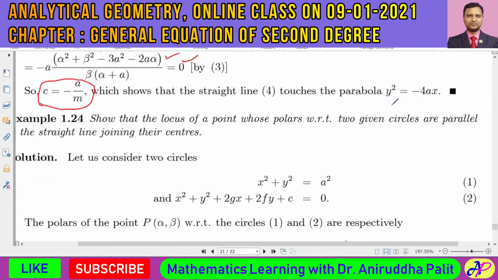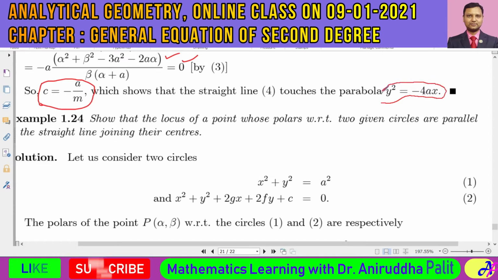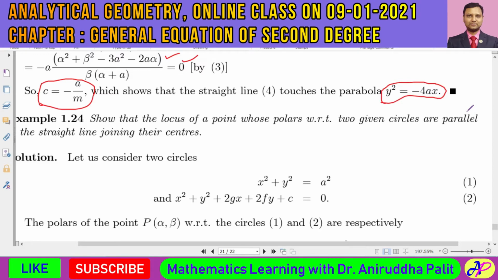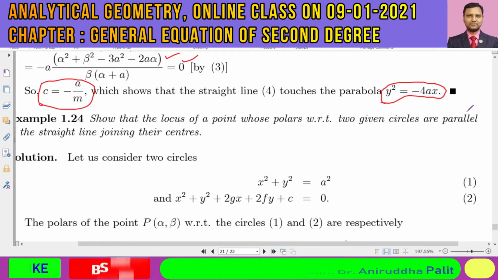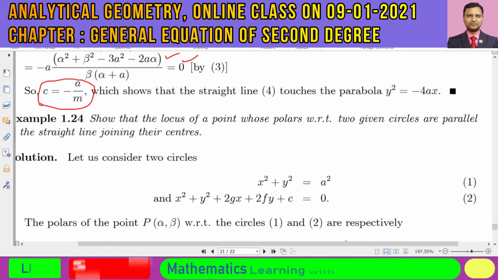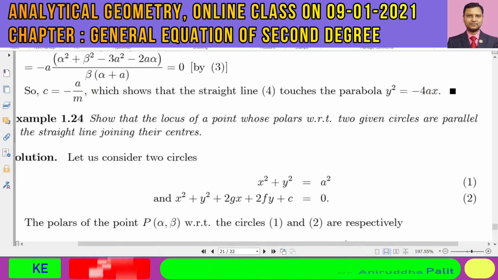Therefore, we finally get this conclusion that the straight line will touch the parabola y square is equal to minus 4ax. This kind of question may come in exam, and it may have about 5 or 6 marks. So this is one problem that I wanted to discuss.